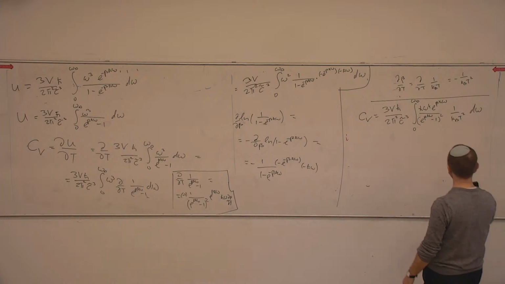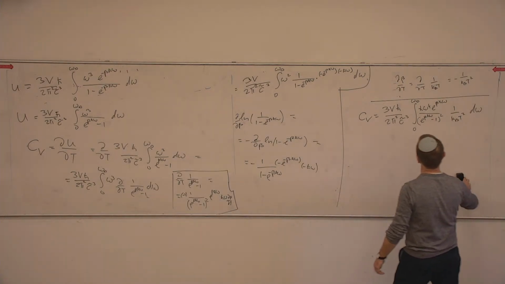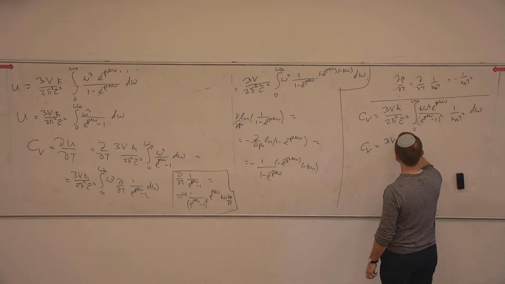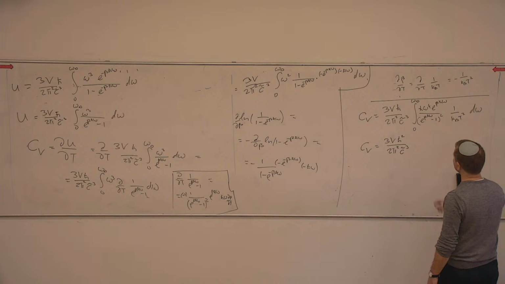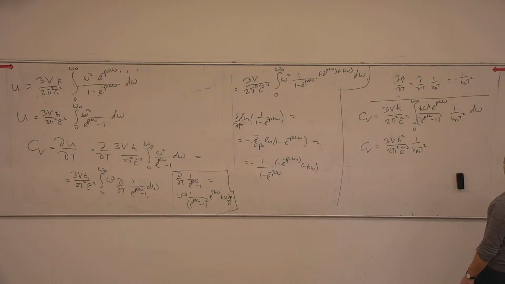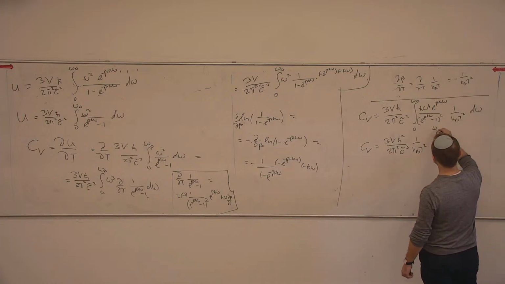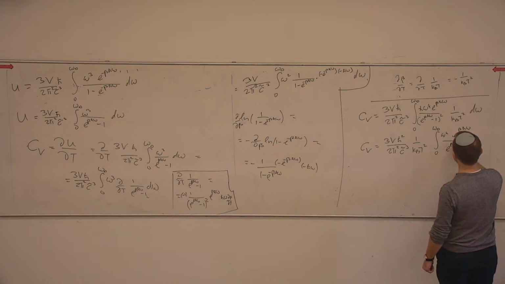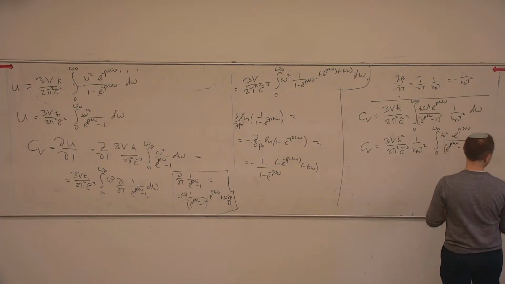All right, so let's take everything out. C_V equals 3V h bar squared over 2 pi squared c tilde to the third, times 1 over k Boltzmann T squared, integral from 0 to omega_D of omega to the fourth power, e to the beta h bar omega divided by e to the power beta h bar omega minus 1 squared, d omega.